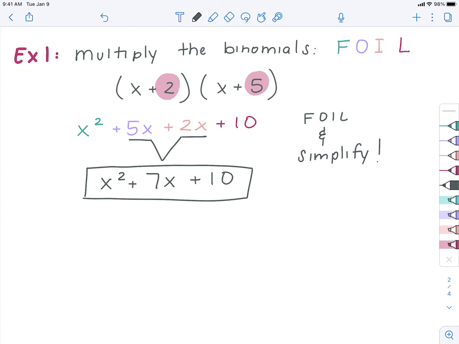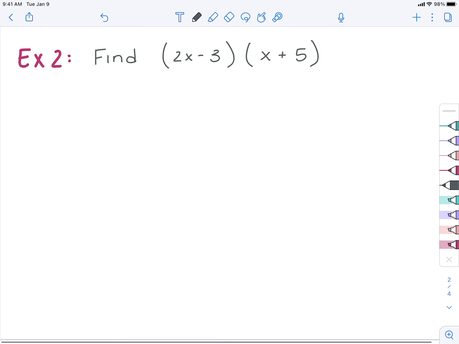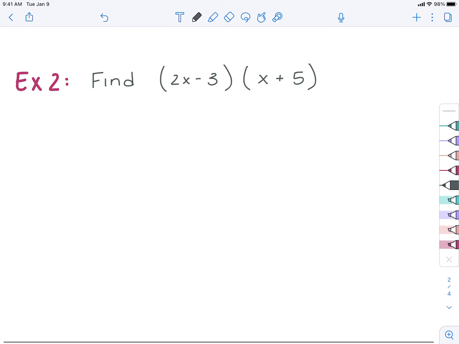So let's try another one. So we're going to find 2x minus 3 times x plus 5. So again, we're going to FOIL. Every time we're going to FOIL, I like to write it down so I remember. FOIL. So I'm going to show you a little bit different way this time.